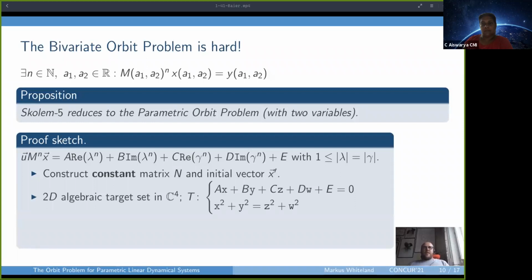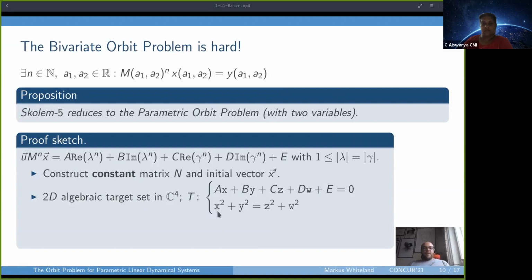Now, the first polynomial equality here is taken from the form of the Skolem instance. So the coefficients a, b, c, d, and e are exactly the same as in this form here. The second polynomial equality comes from the assumption that lambda and gamma have equal modulus.